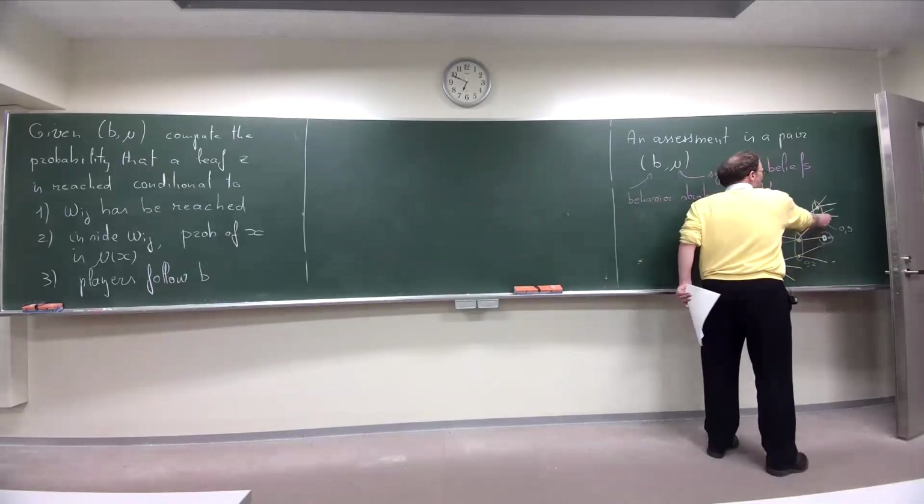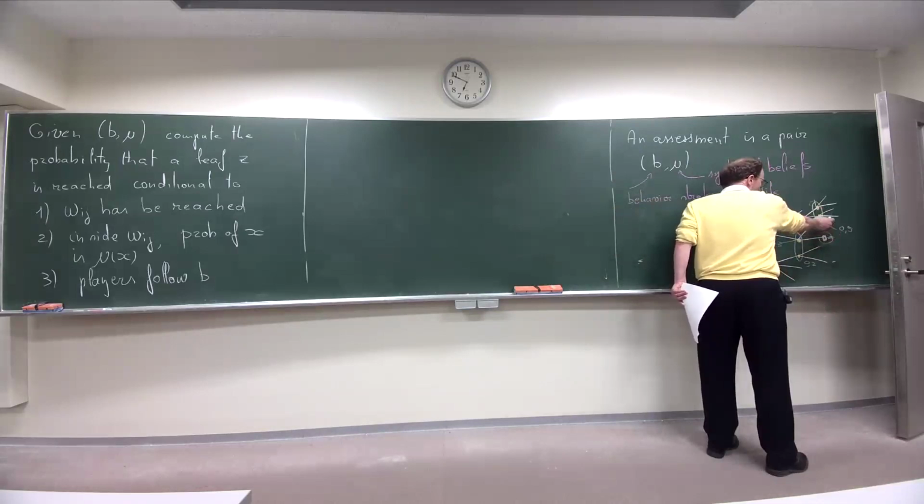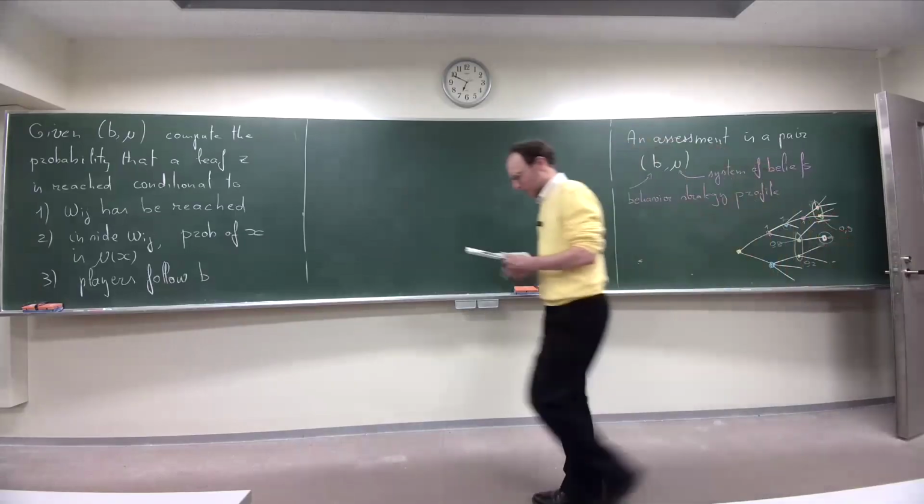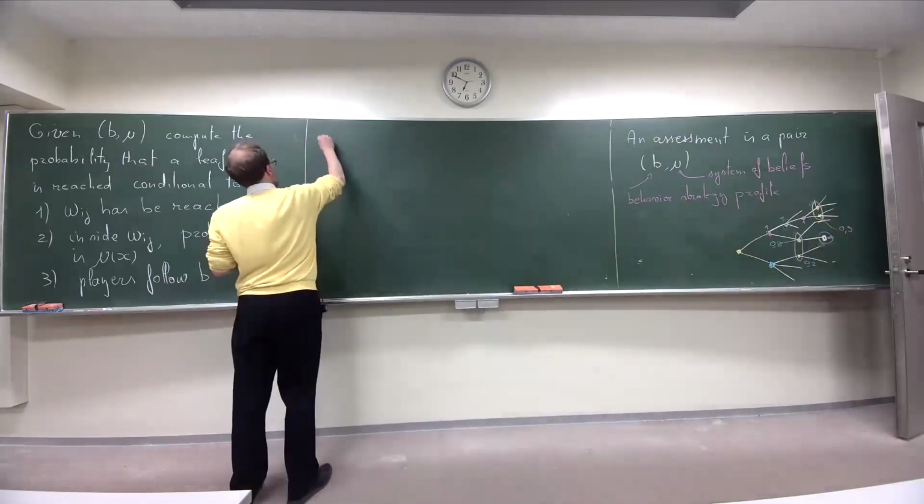And of course, if I reach this set, I have no chance to get this leaf. So if I assume that I'm here, the probability of reaching this one is of course 0. So how to compute this?